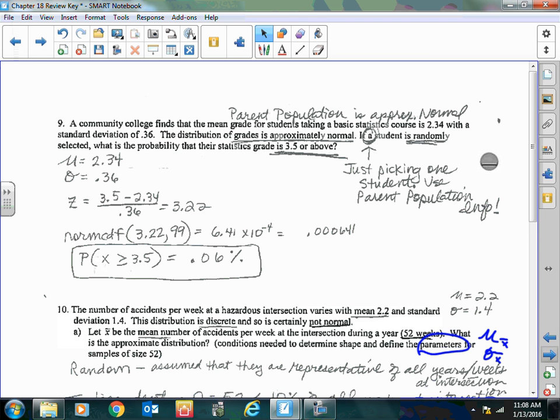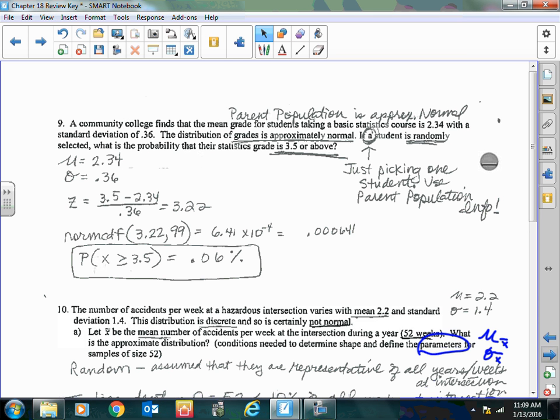Now, let's talk about number 9. I've pretty much drilled into you that anytime you use a z-score, you need to make sure your conditions are met. And then I didn't write them out here. So that's another, what the heck am I thinking?